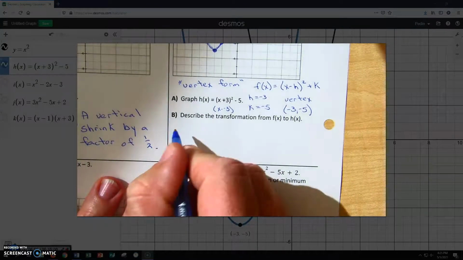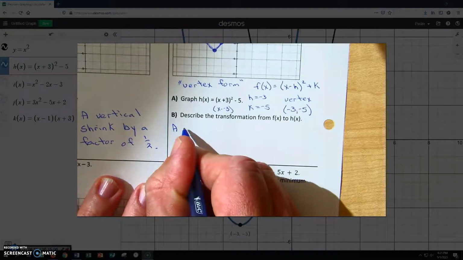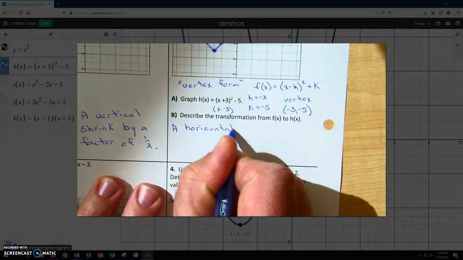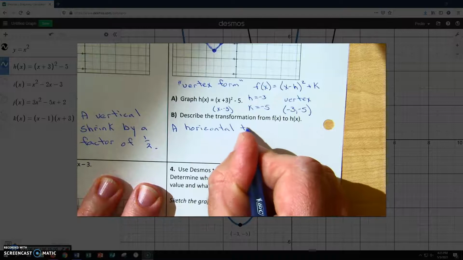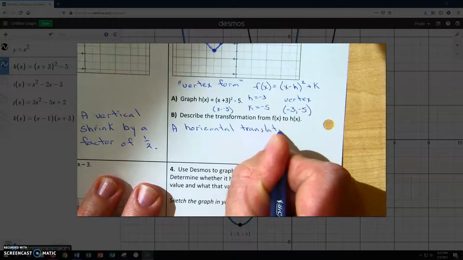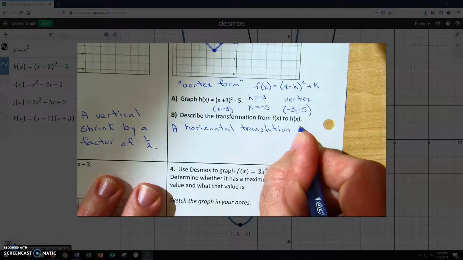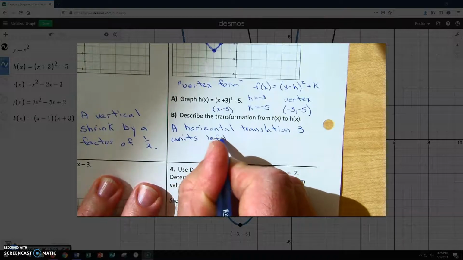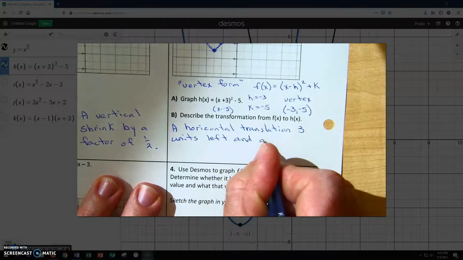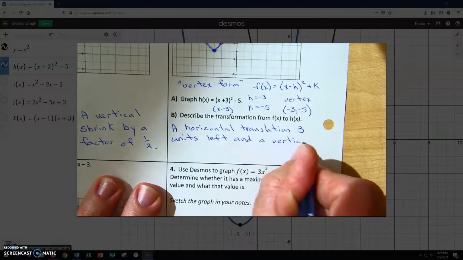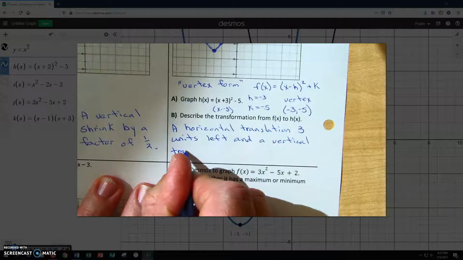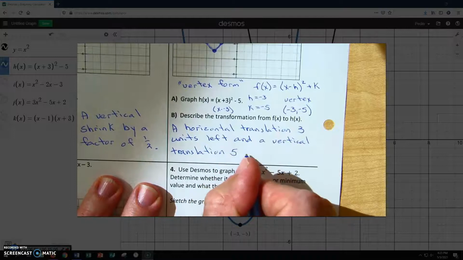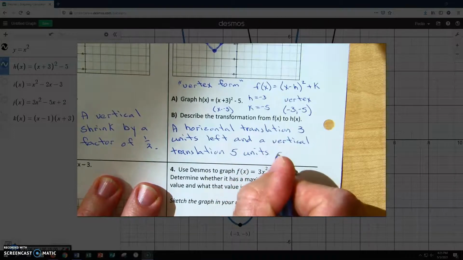And this one would be a horizontal translation three units left and a vertical translation 5 units down.